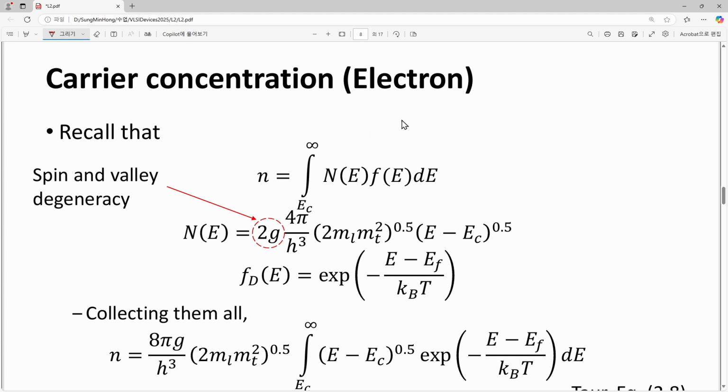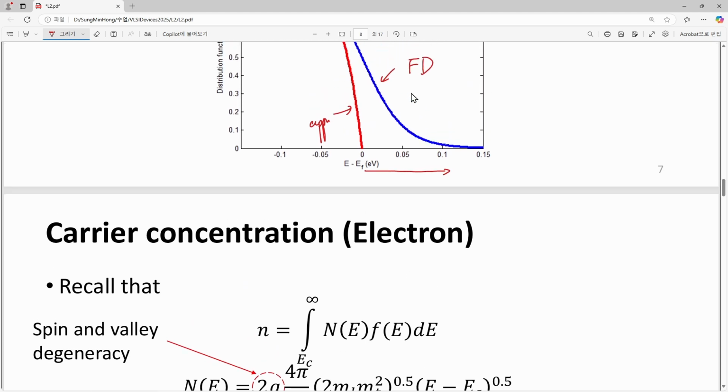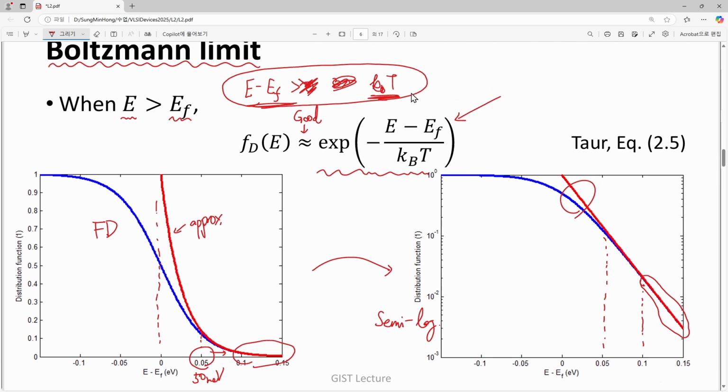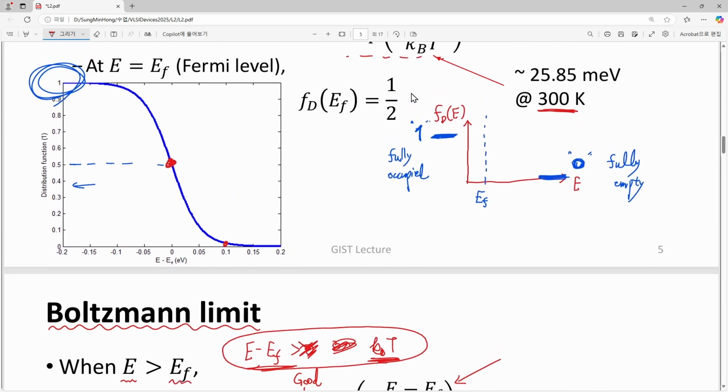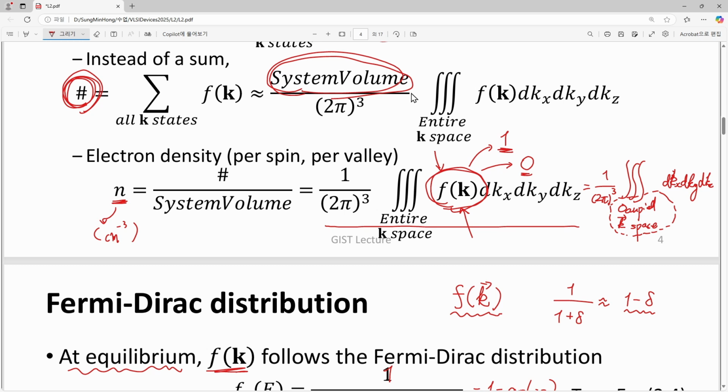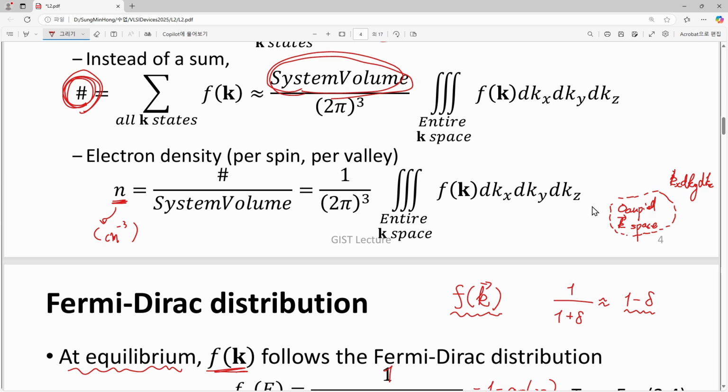So let's come back to this one, the original expression for calculating electron density, given this way.